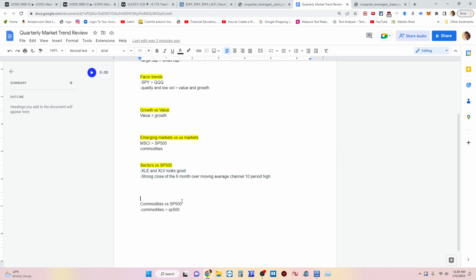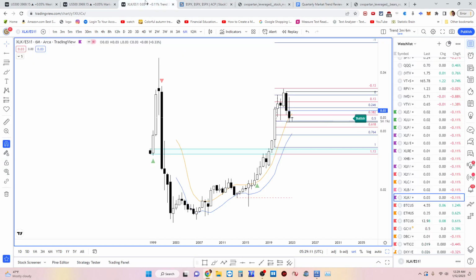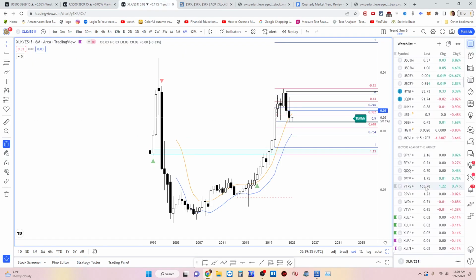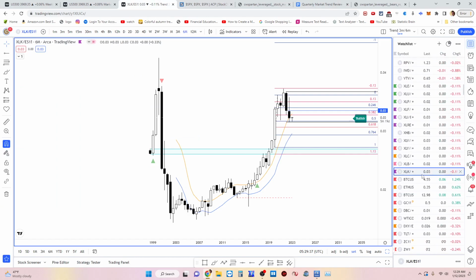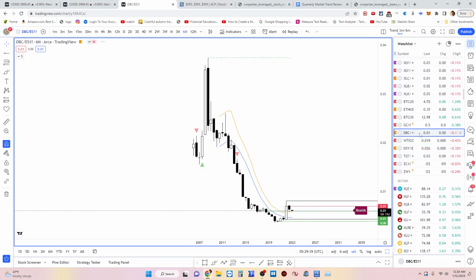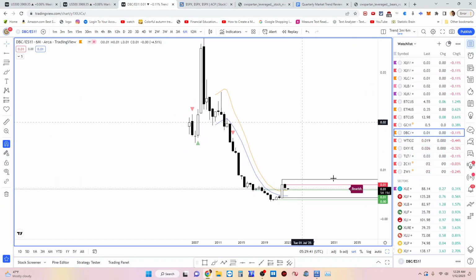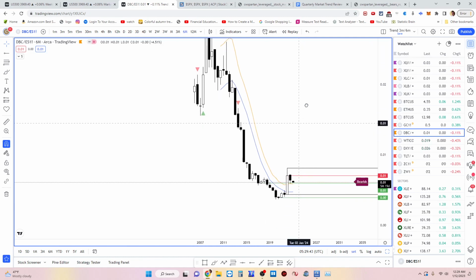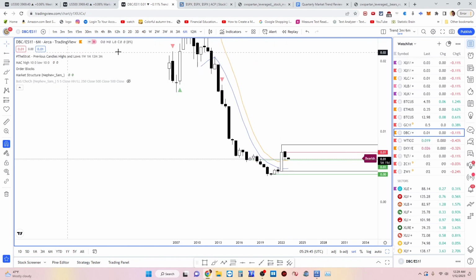Now, commodities versus the S&P 500. We kind of revealed our hand, but it's true, commodities look great against the S&P 500. If we look at DBC versus the ES, and we remove the last year high and low, this is what we see.